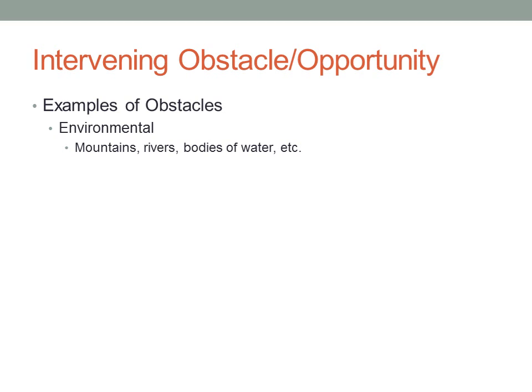It slows people down. Can people get across it? Well, of course they can. But it slows some people down. As far as cultural obstacles, if a country or a state has very strict laws regarding people coming in or perhaps leaving, that could serve as an obstacle.